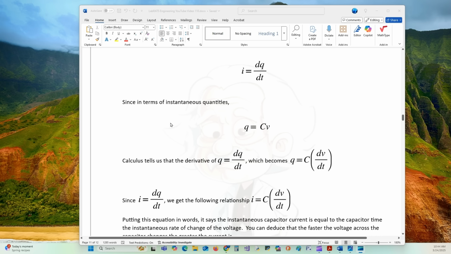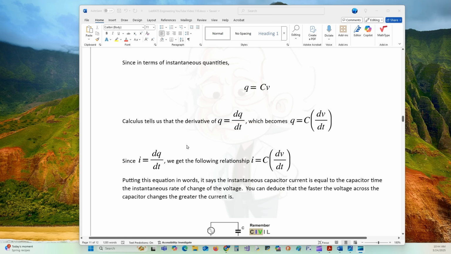In terms of instantaneous quantities, Q, the charge, is equal to the capacitance times the voltage, so calculus tells us that the derivative dQ/dt becomes C dV/dt. Since I equals dQ/dt, we get the following relationship: I equals C times the differential of the voltage with respect to time.